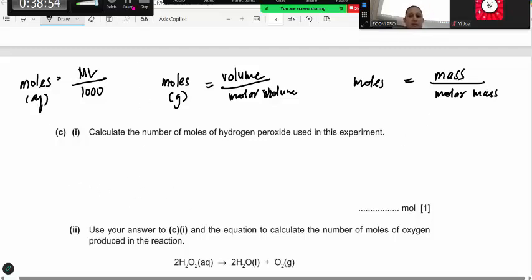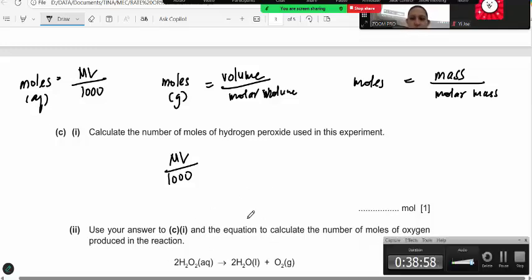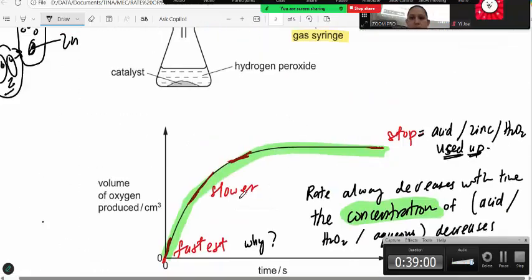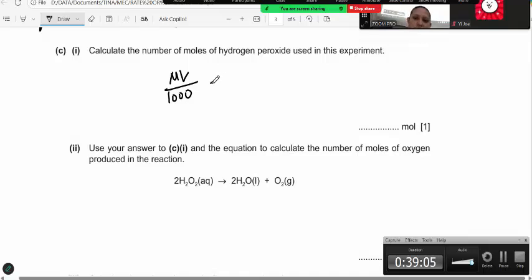You use MV over 1000 because it's an aqueous solution. So M is 0.1, V is 20. 0.002.